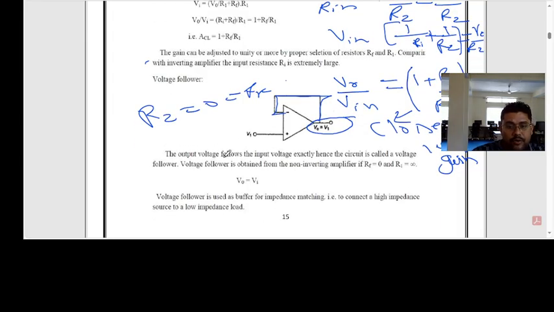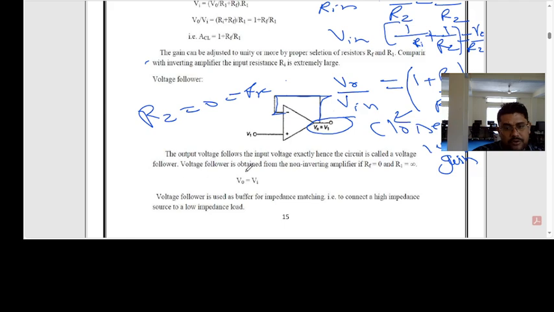The output of the voltage follower equals the input voltage exactly, hence this circuit is called a voltage follower.